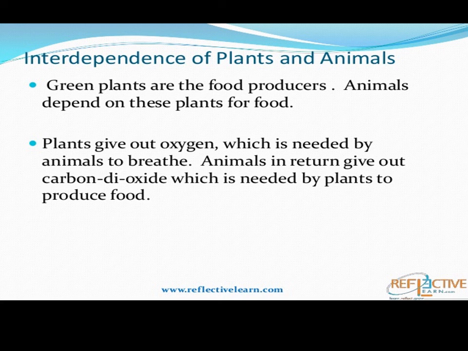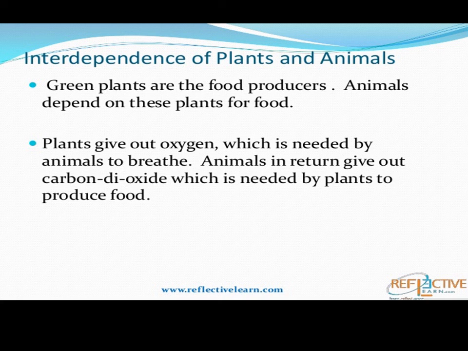So green plants are the food producers. We have studied in the previous slides that plants are the producers. So they produce food for us, and animals depend on these plants for food. So we are dependent on plants for food.